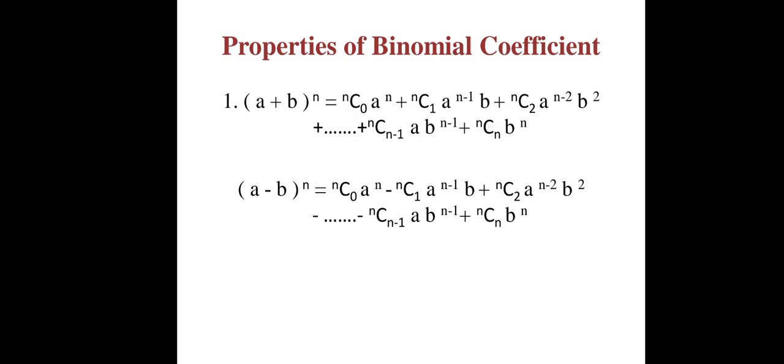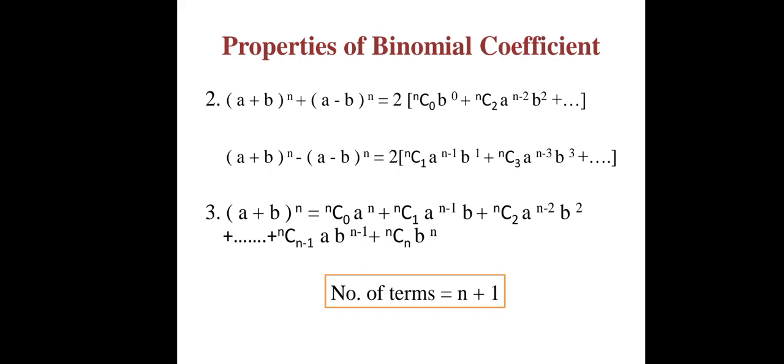So next property: we should subtract a plus b and a minus b. Just observe here. At the second constant, the first one will be positive and in a minus b whole raised to n we have a negative sign. So these will cancel each other if you do the addition of this operation.